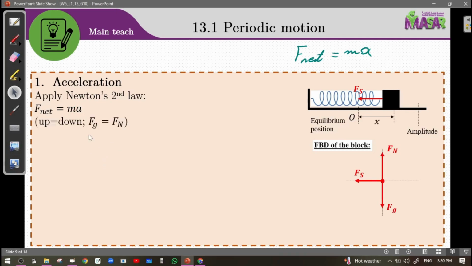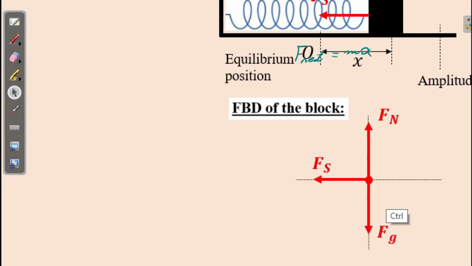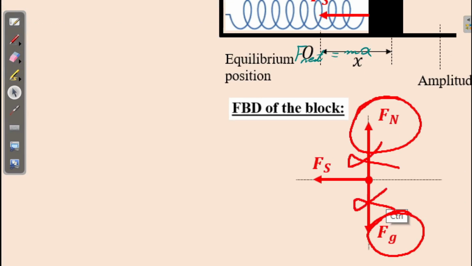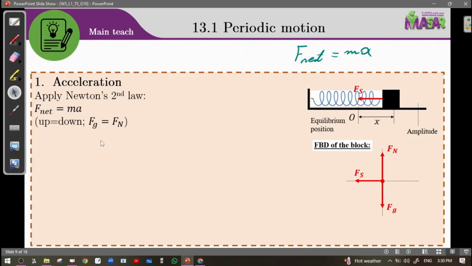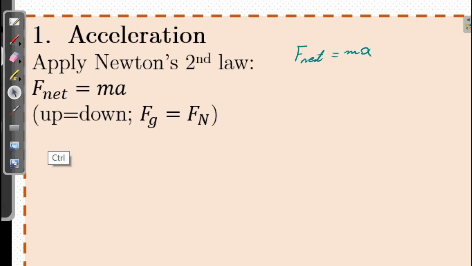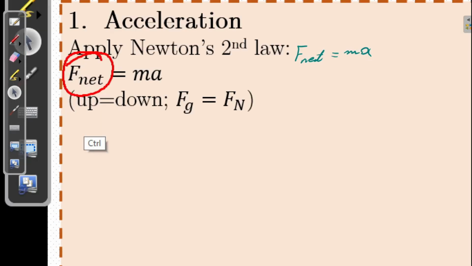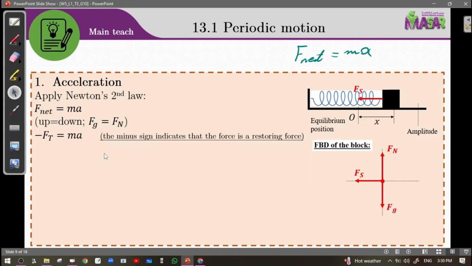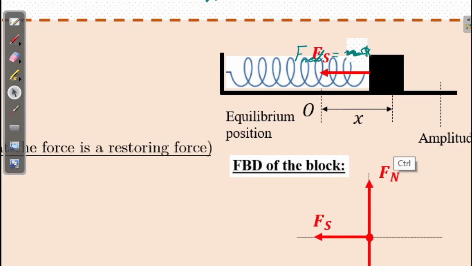According to our free body diagram, Fn is equal to Fg, equal in magnitude but opposite in direction, so they cancel each other. No need to include Fg and Fn in our equation anymore. Now the only force left here is the Fs.